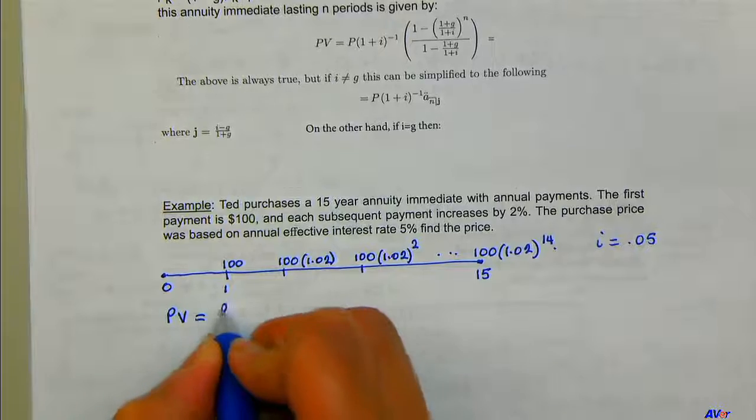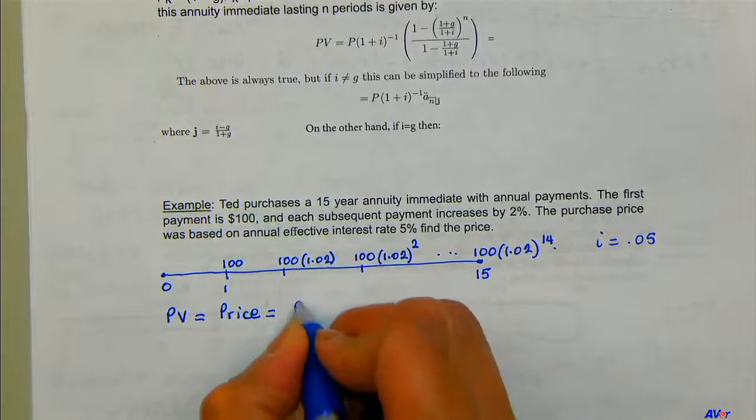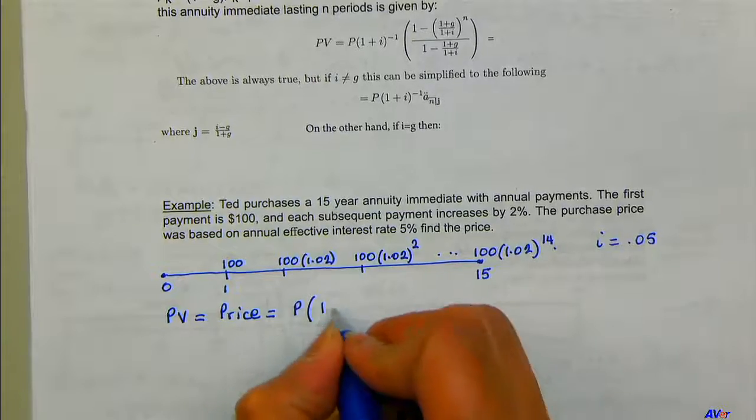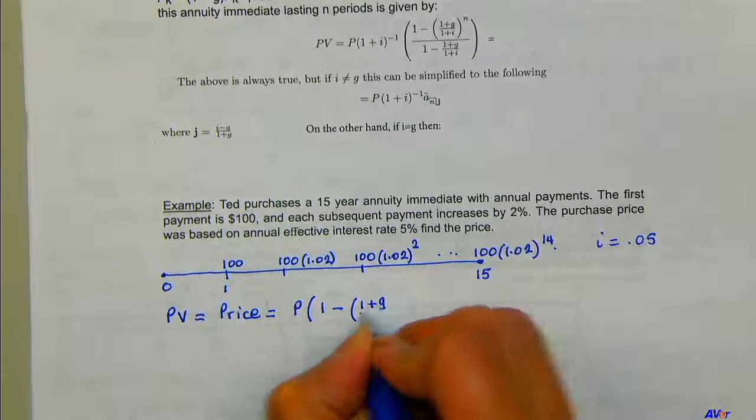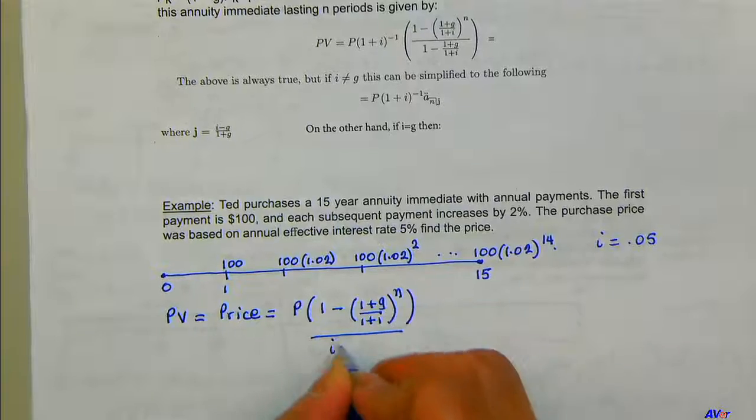Present value equals price equals, let's plug into the formula, P times 1 minus ((1 plus g) over (1 plus i)) to the n, divided by i minus g.